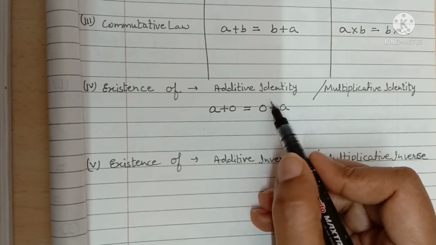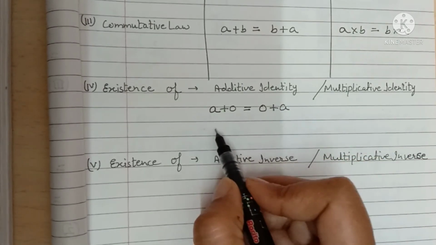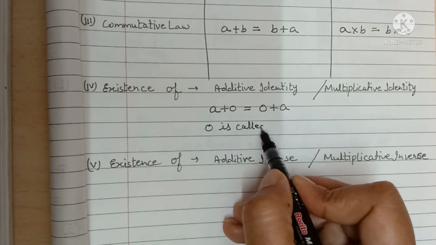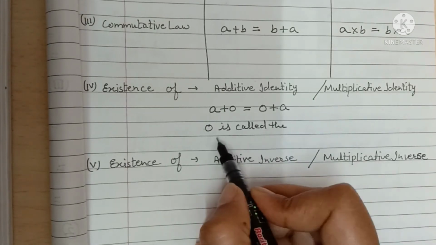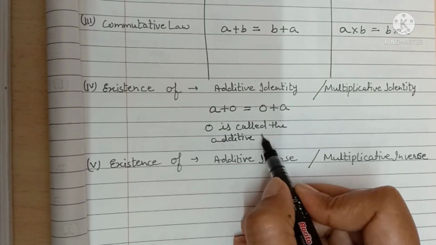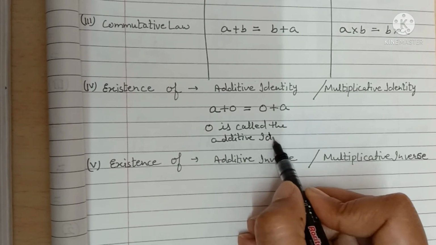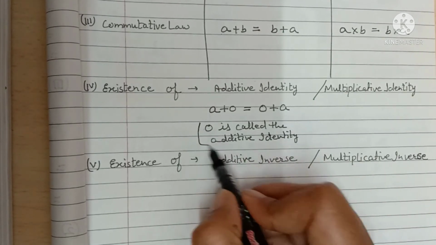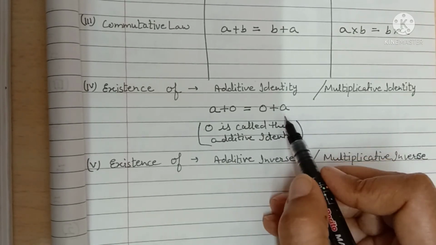So 0 is called the additive identity. This is the main point.